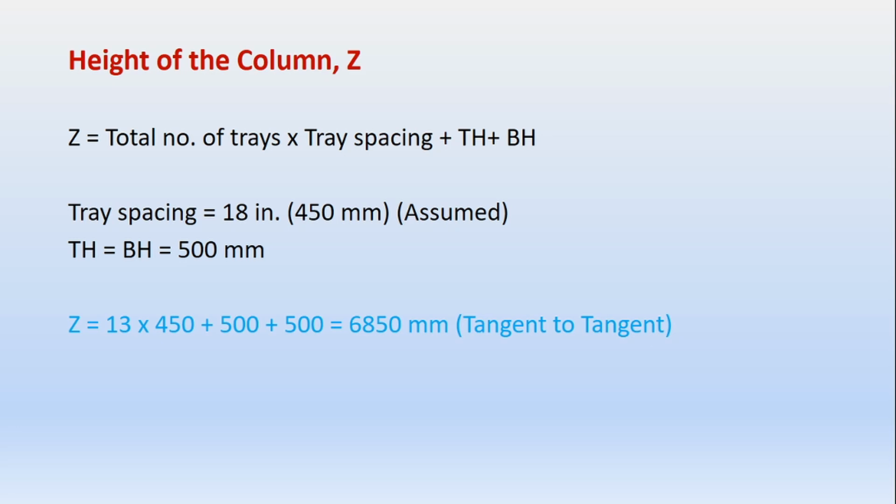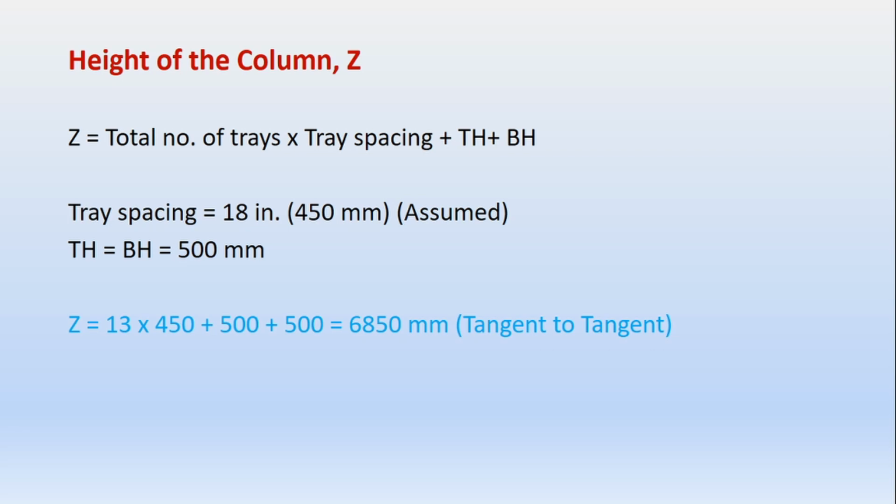In this case we are assuming that the tray spacing is 18 inch. There are some standard tray spacings which we have to take from the literature. So 18 inch is the tray spacing, which is 450 mm, or 45 centimeter, between two trays. The top disengaging zone and the bottom disengaging zone values are 500 mm.